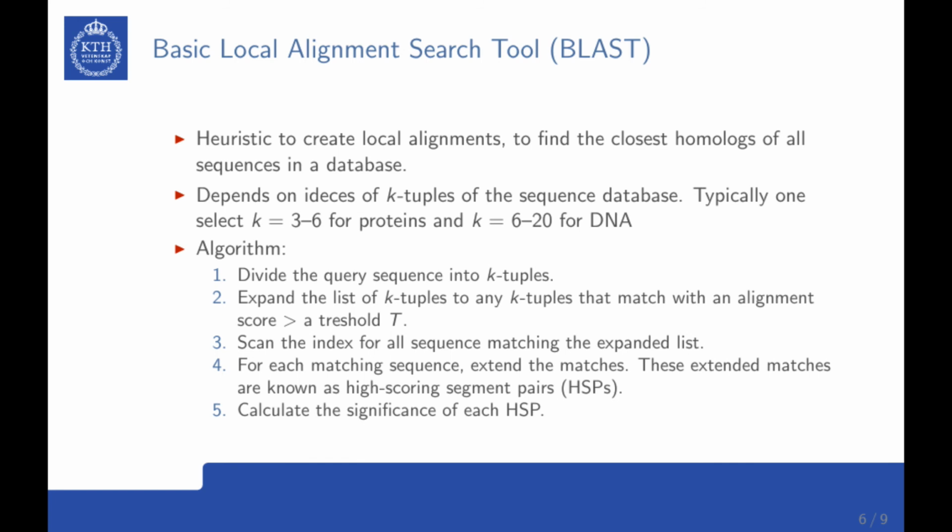Then you scan the index for all sequences that match this expanded list. For each of the matching sequences, you extend these matches. These extended matches are called HSPs, or high scoring segment pairs. And finally, you calculate the significance of each of these HSPs.